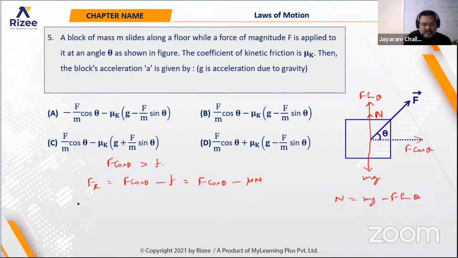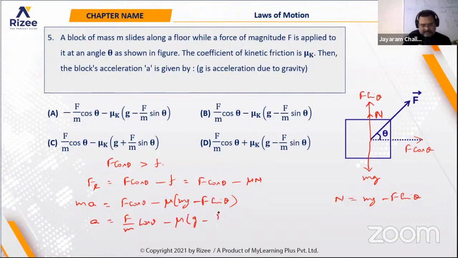Substituting N, ma is equal to F cos theta minus mu of (mg minus F sine theta). Taking out m, the acceleration is F by m into cos theta minus mu into (g minus F by m sine theta). This should be your acceleration.